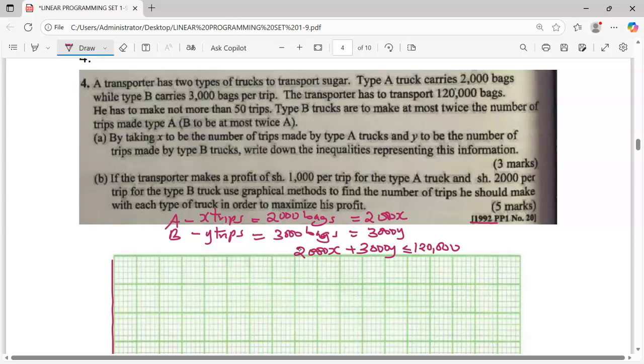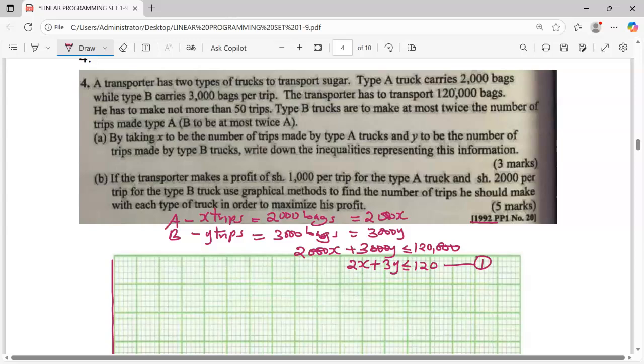If you cancel the 3 zeros, we have 2x plus 3y less or equal to 120, and this becomes the first inequality.